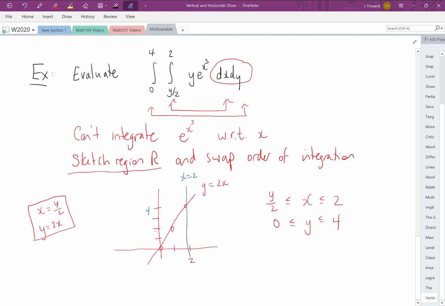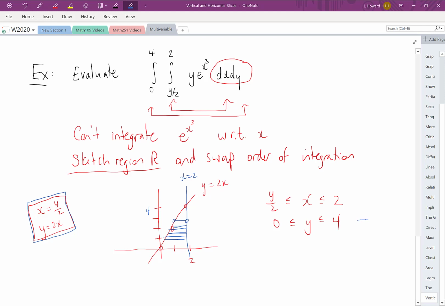And that way I think we can describe our region now. So we're saying each horizontal slice is going from this line x equal y over 2, which we decided was y equal 2x. So it's going from here all the way over to x equal 2, like that. So all of our horizontal slices are doing that. And for what y values are they doing that?